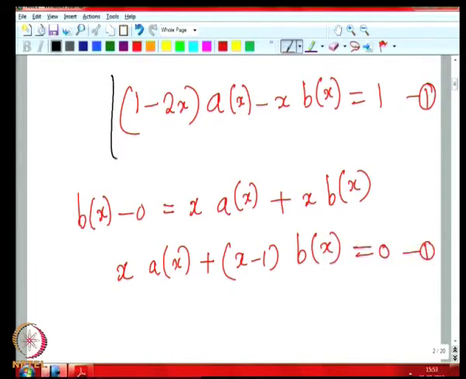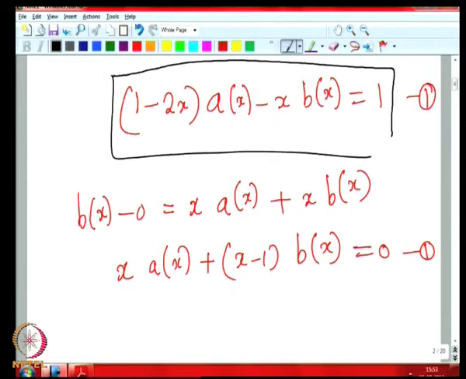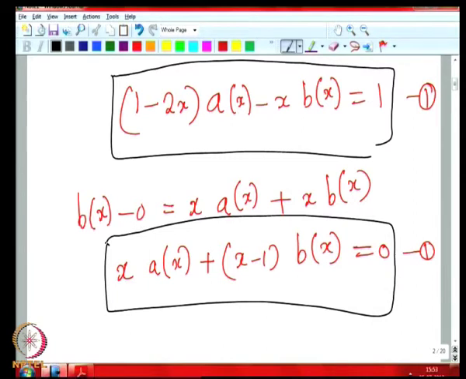So, this and this together we have to solve. We have to get an expression for A of x and an expression for B of x. For example, first you can try to get rid of B of x: multiply this by x minus 1, this by x, and then add them together, then Bx will disappear and we can solve for A of x.